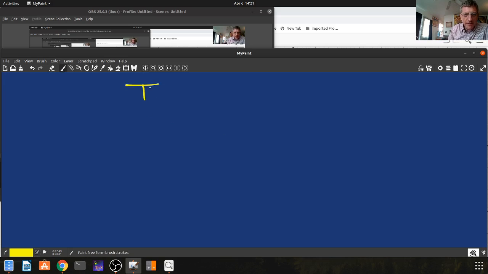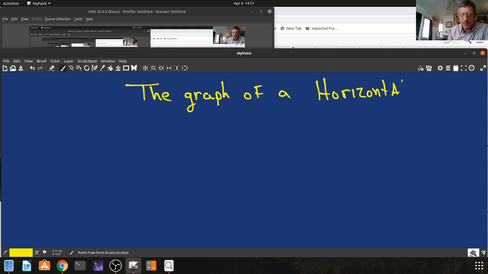The graph of a horizontal line, and this is something you need to know. And remember, horizontal lines are ones that go horizontally. They are parallel with the x-axis.